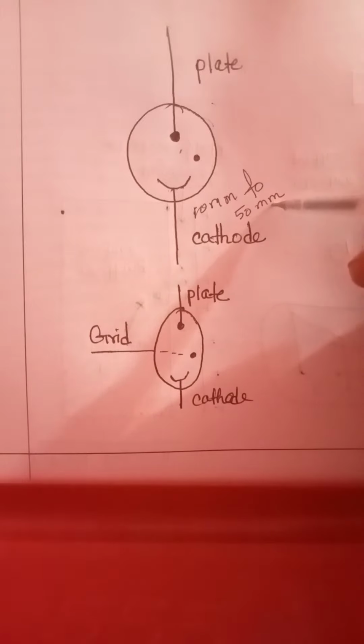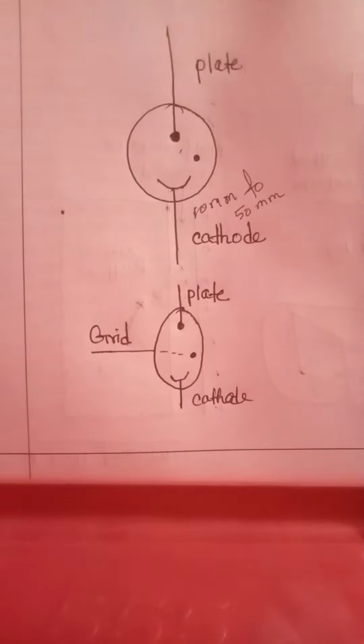The construction of gas filled tubes is similar to that of vacuum tubes, except that the cathodes, grids and anodes are usually larger in order to carry heavier current. However, the characteristic properties of the two are different.